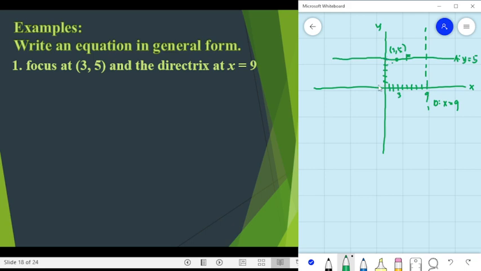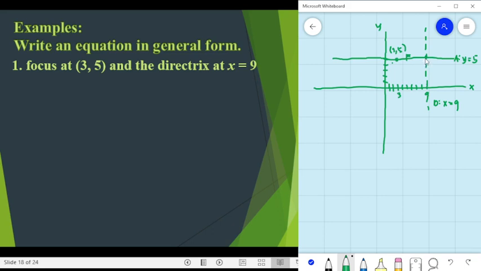Okay, now your vertex must be between the two. So this is the point of intersection of your directrix and axis of symmetry. It should be the midpoint between (3, 5) and (9, 5), which is the intersection.